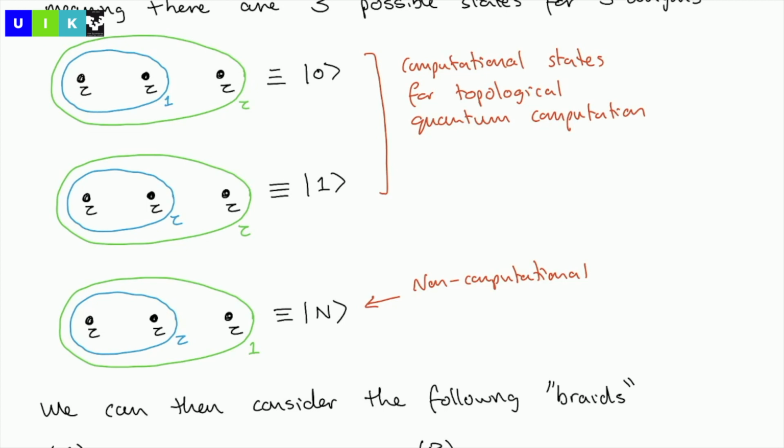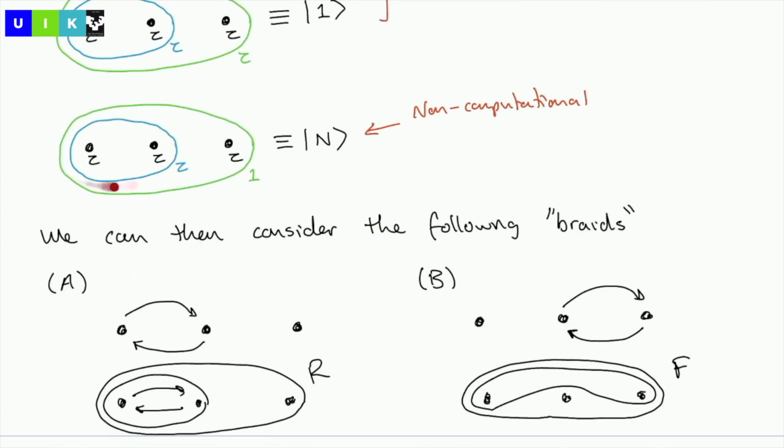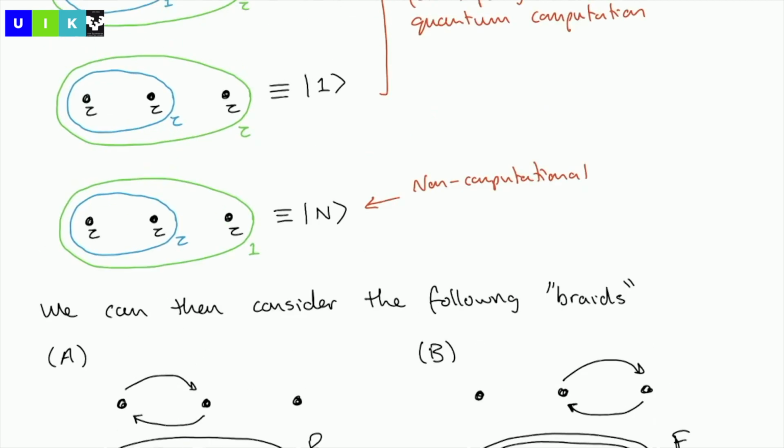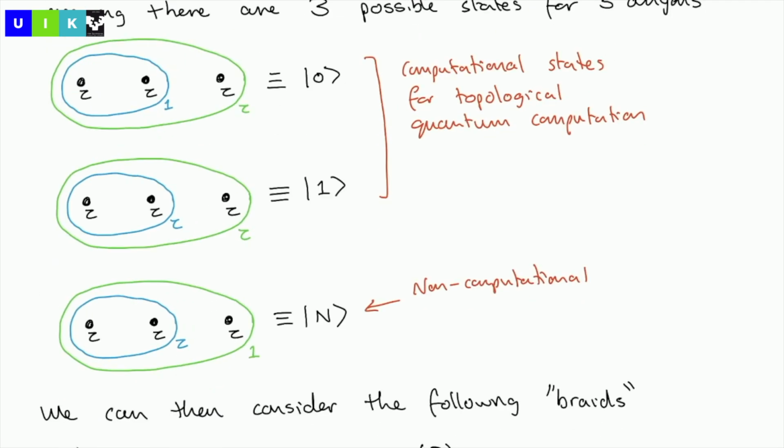The first 2 could fuse to the identity, and then the 3 of them could fuse to tau. The first 2 could fuse to tau, and all of them fuse to tau. Or the final option is that the first 2 fuse to tau, and then collectively they all behave like a boson. So these are the 3 options that you have when you have 3 anions.